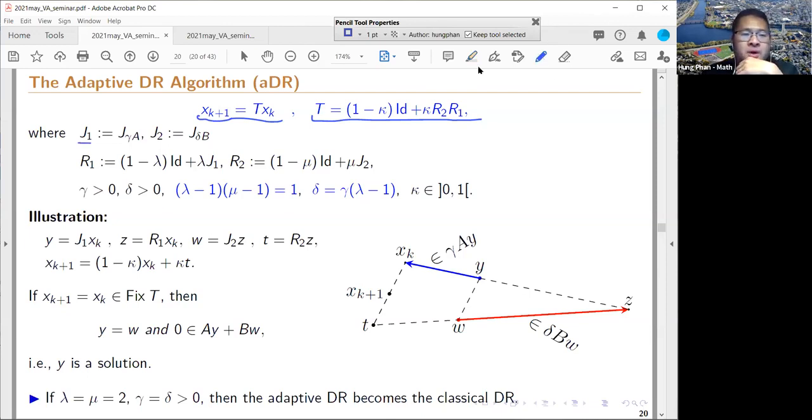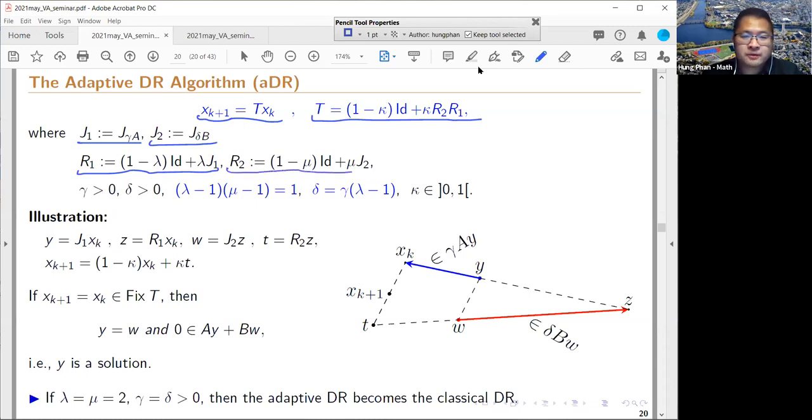So we define J1 as the resolvent of A with the parameter gamma, and J2 as the resolvent of B with the parameter delta. Two different parameters. R1 is the relaxed resolvent of J1.